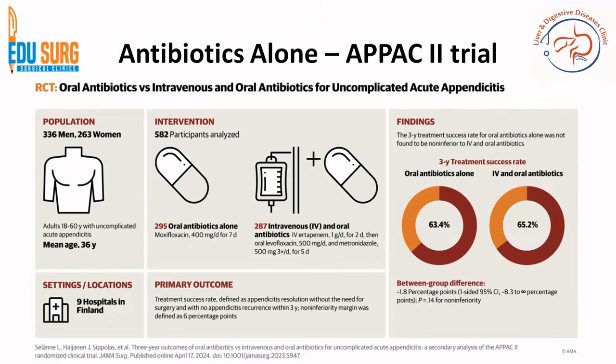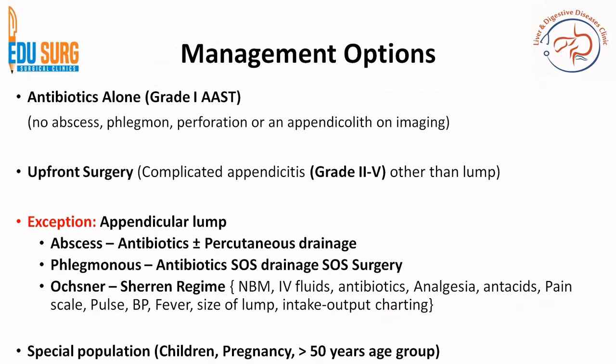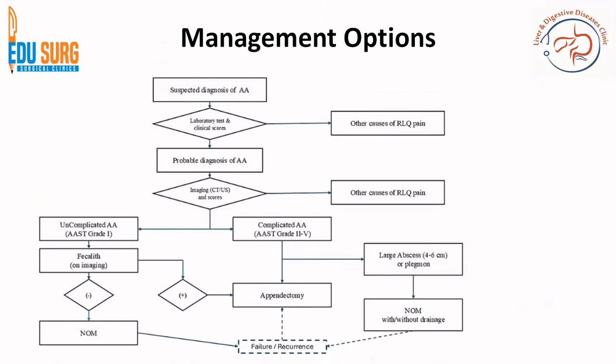What that means is that nearly 35 to 37% of patients needed surgery even in this group. And remember that these are grade 1 appendicitis, which are difficult to find in actual practice. So non-inferiority was reached when it comes to oral versus IV oral combination. So oral antibiotics can also be used in grade 1 appendicitis, risk factor being the appendicolith.